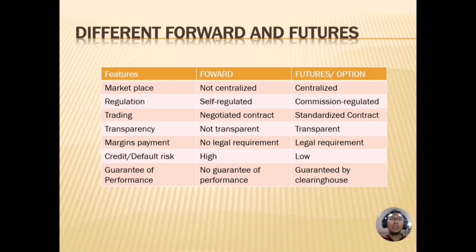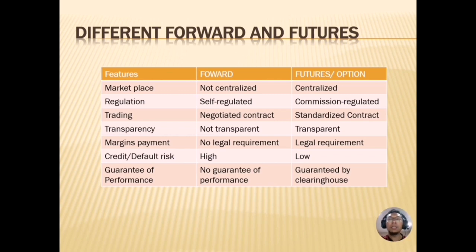The feature for transparency: under forward, they are not transparent. Some parties must have their own agenda, either to gain a profit or they want to mitigate any loss. They have some points or requirements that they did not declare.